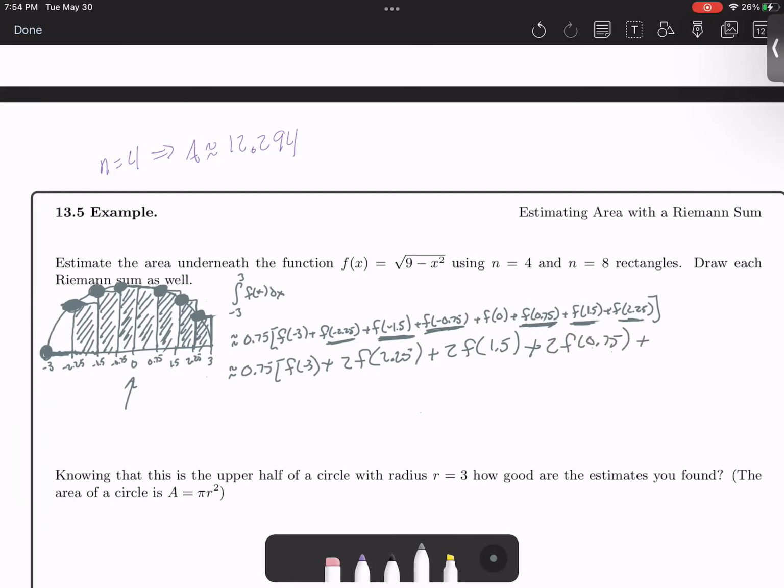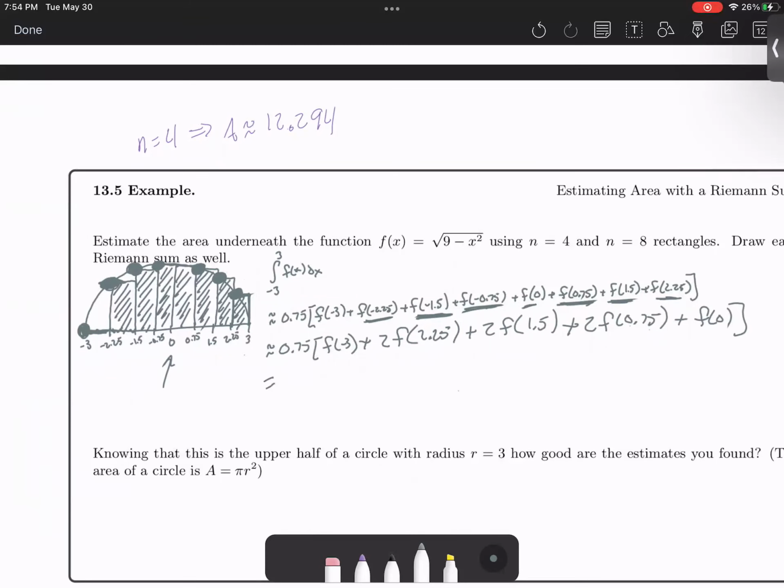And again, if you don't want to use algebra tricks like these, you don't have to. But notice I took something where I had to evaluate my function at 8 different spots, and I pretty much cut it in half. But I still have f of 0. Okay. So, oops, not equal to, because we're making approximations.